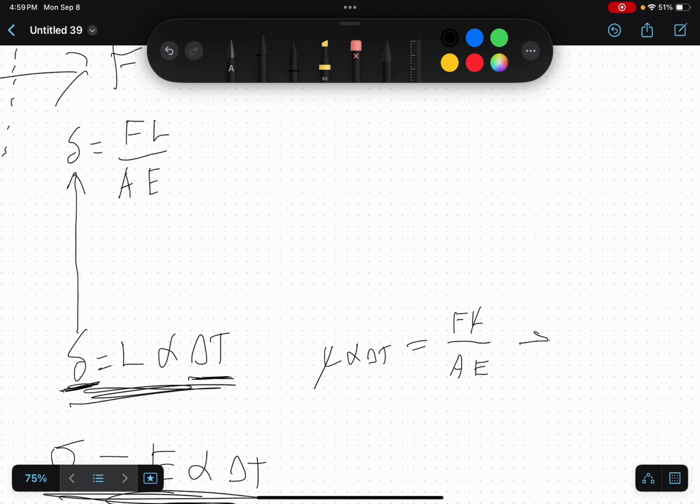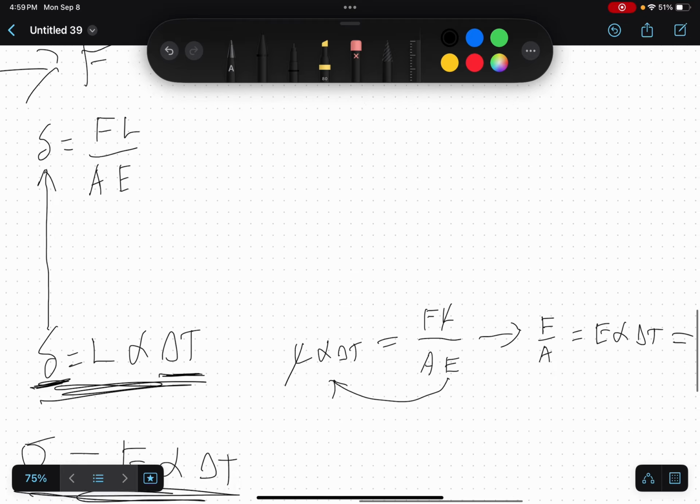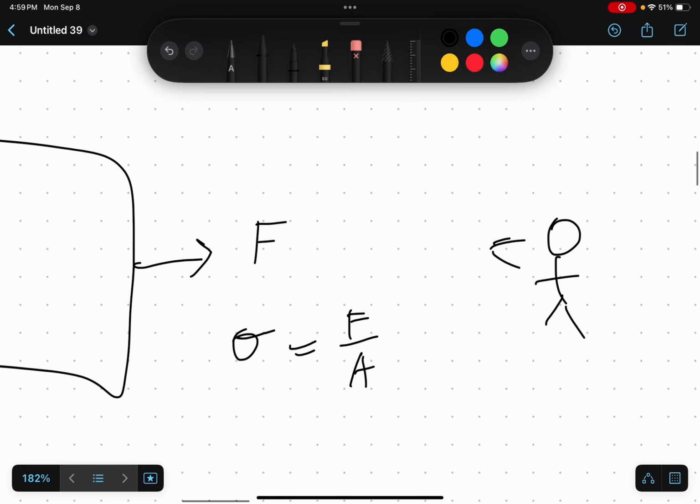You solve for, technically you can just multiply this E up, and you end up with F over A equals E alpha delta T, and F over A equals stress.